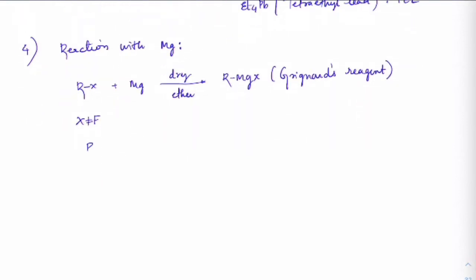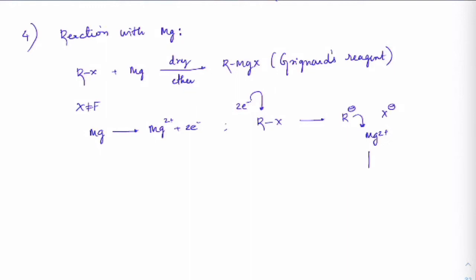Again, there is no clear-cut mechanism for it, but it is expected that magnesium can always give away 2 electrons, so the electrons will force this RX to create R minus, and Mg2 plus will get attacked, and it would give RMgX plus X minus.